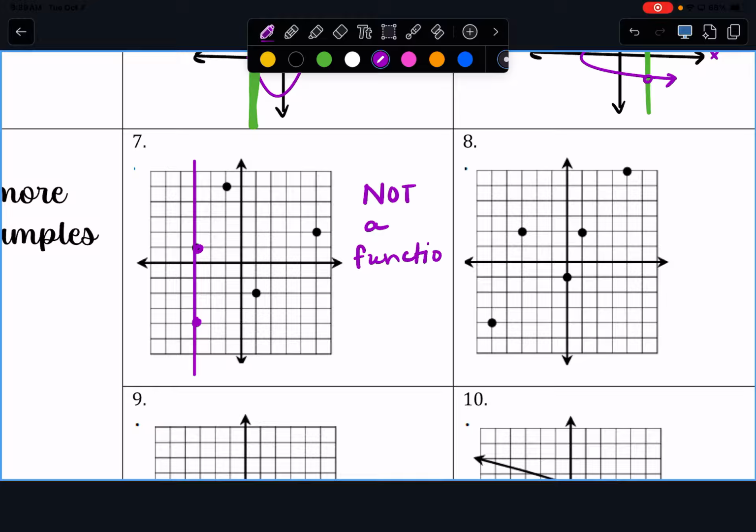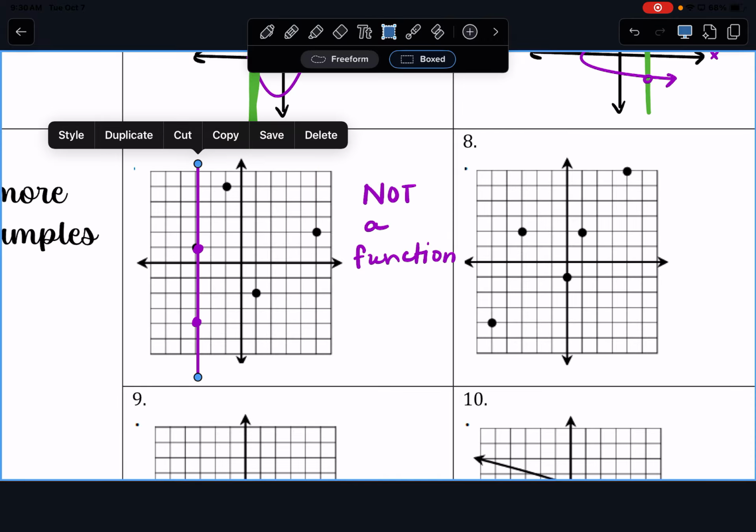If any point on the graph it intersects more than one, it's not a function. Because if I was to draw this line here, how many times does it intersect right there? One. But here it intersects twice. So if it ever intersects more than once, it is not a function.